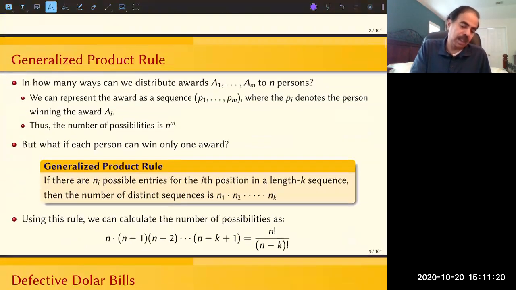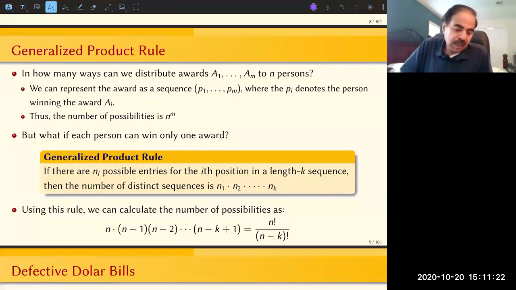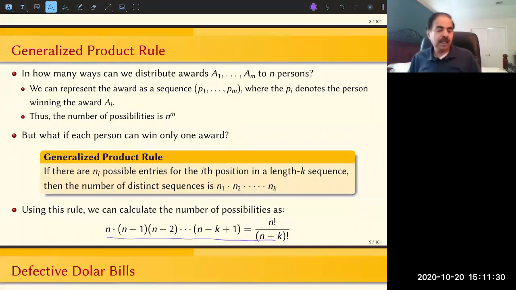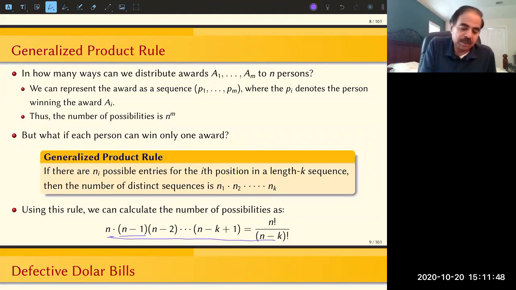And then we talked about the generalized product rule, where there are additional conditions. For instance, the specific condition here is that if you are going to hand out M awards, then the same person cannot get more than one award. And that limits your choices for subsequent awards. The first award can be given to any of the N people, but for the second award, the person who just won is no longer eligible.